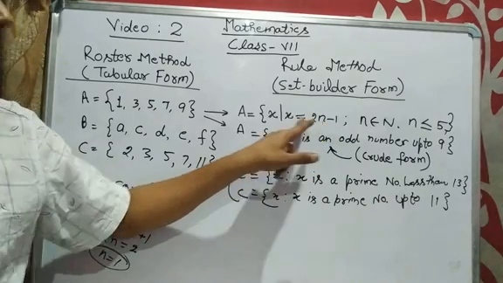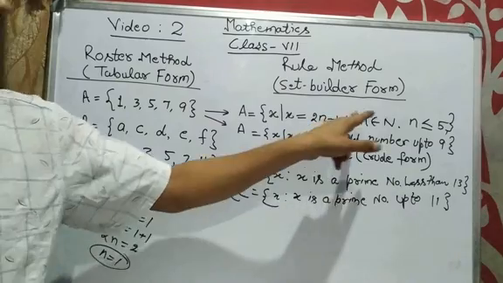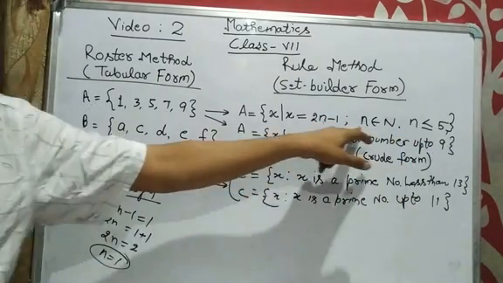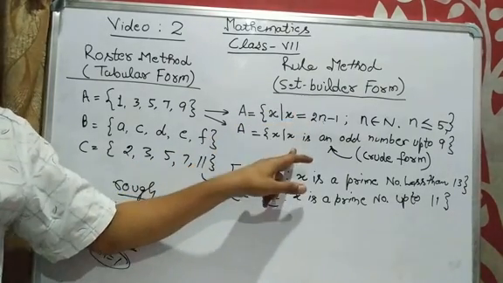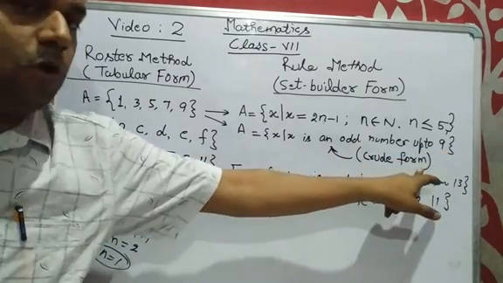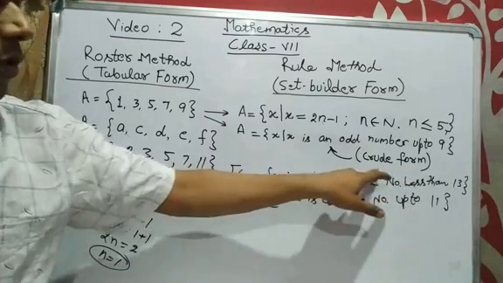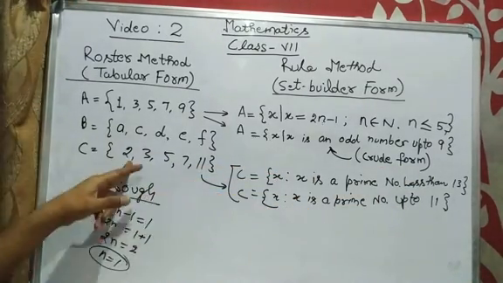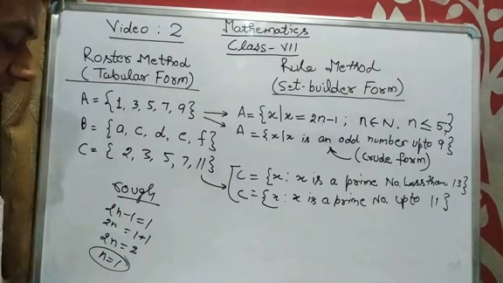We define the value of X in terms of a small n, and then we further define what is the value of small n. That is the mathematical notation. Now if we are representing the set builder form in simple English language, that is called the crude form, and sometimes it is necessary to represent the set builder form in crude form, while we are not able to find common properties among the elements.